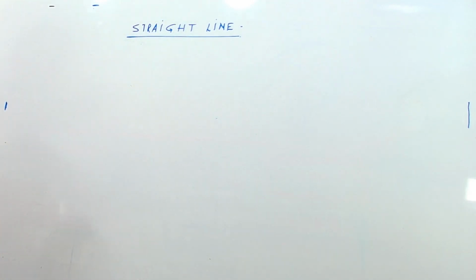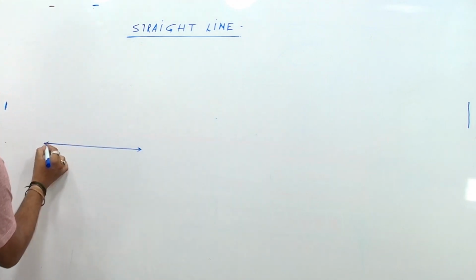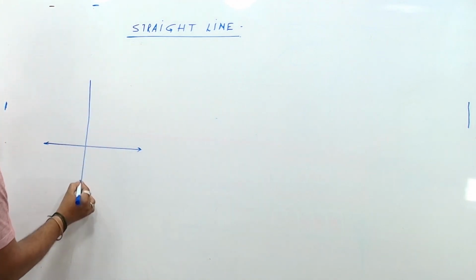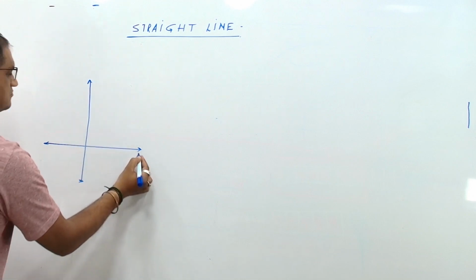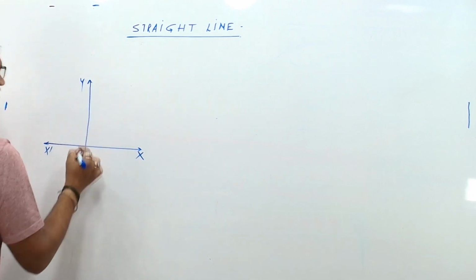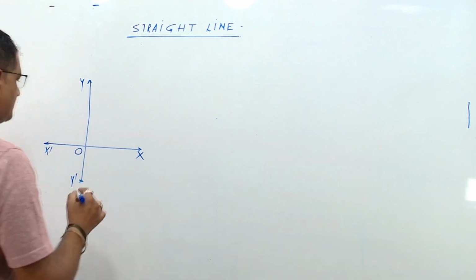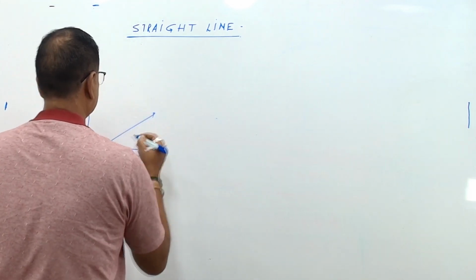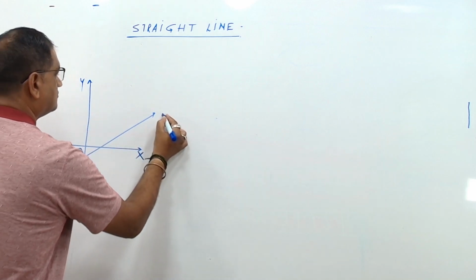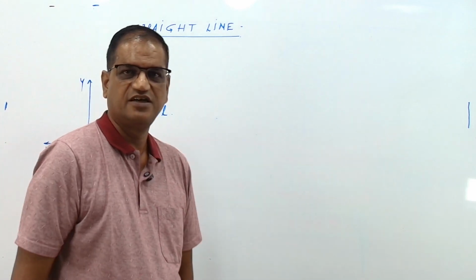Suppose we have a coordinate system: positive x-axis, origin, negative x-axis, y-axis, negative y-axis, right? Now, L is the line, correct?